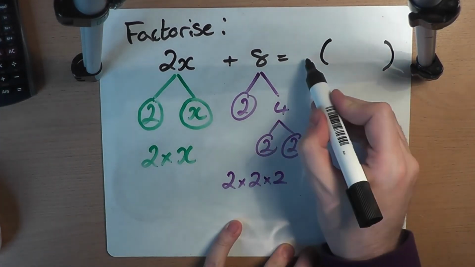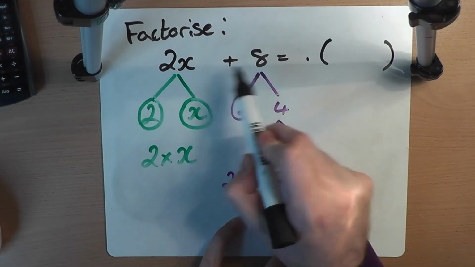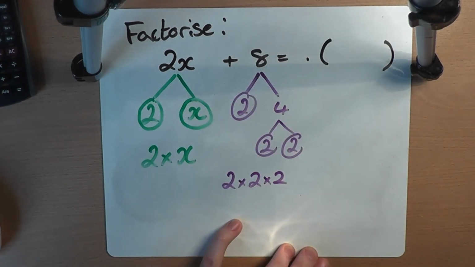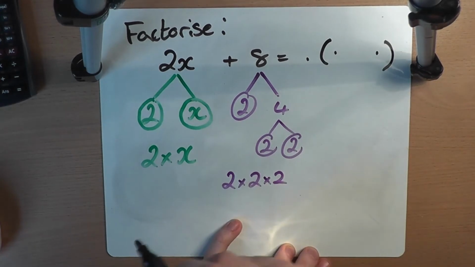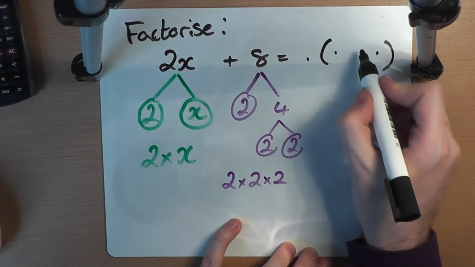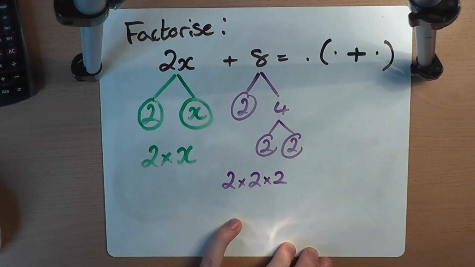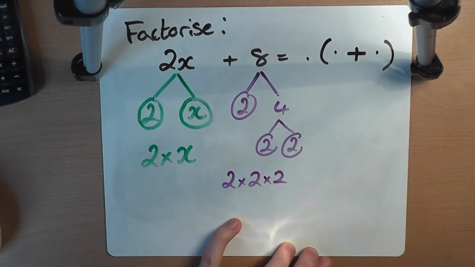We know that we will have something here on the outside of the bracket, and we know how many things we will have inside the bracket. There are two terms here, and like we were talking about in the expanding, if there are two terms here, then there will be two terms here. There will also be a symbol in the middle, and it is very likely in most cases to match the symbol here, so we can put the plus in there. We just need to work out what goes here, and what goes here.